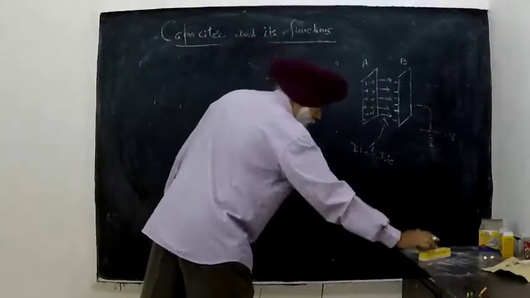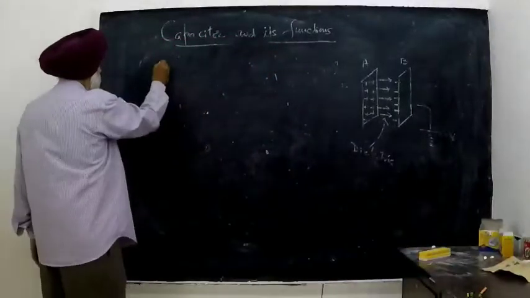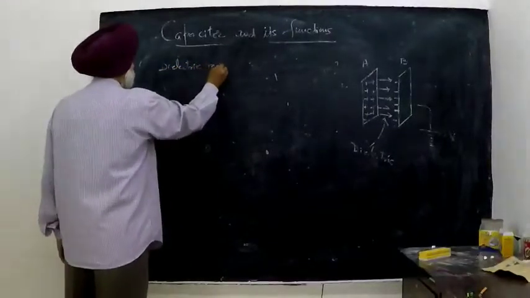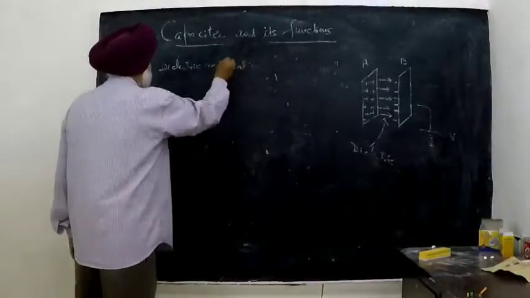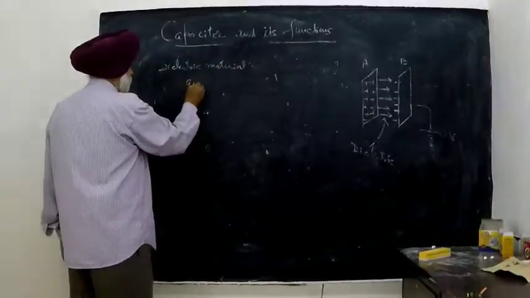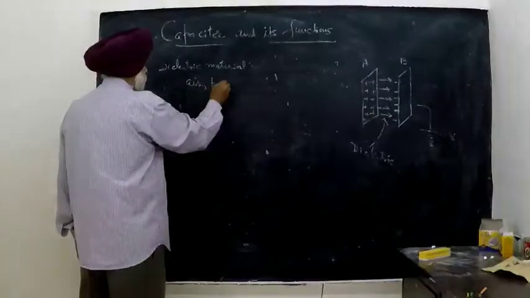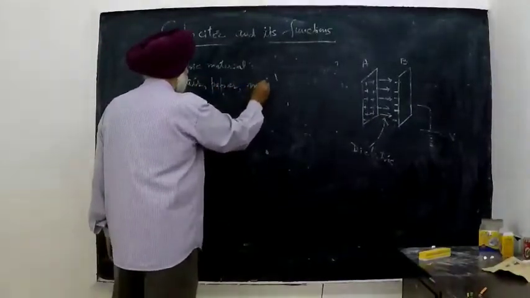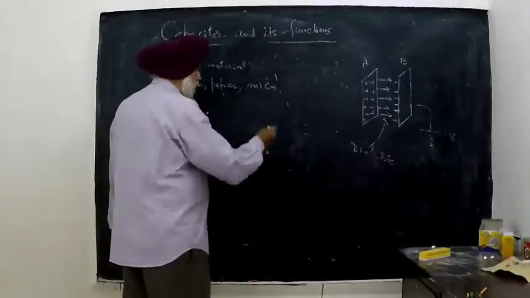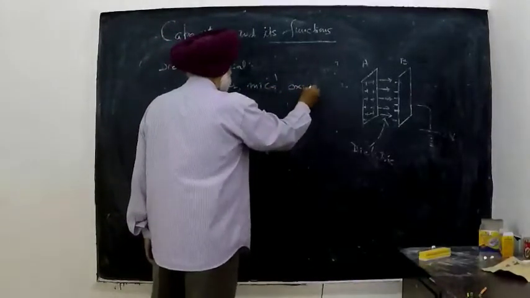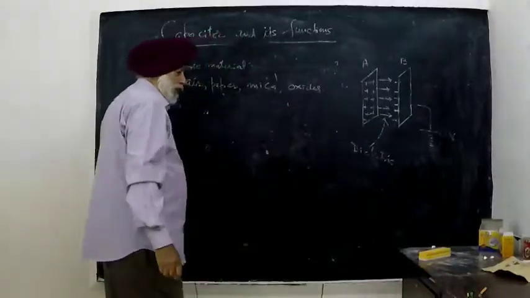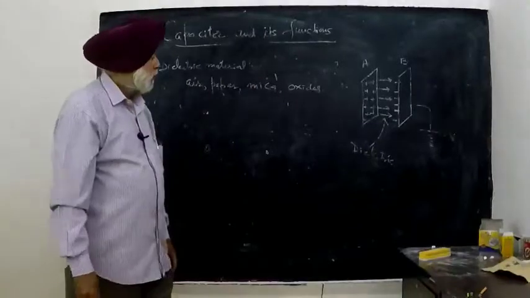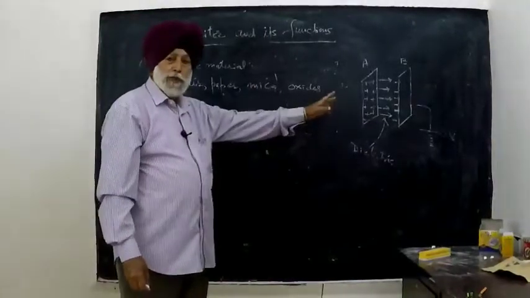It can be dielectric material may be air, paper, then mica, oxides of some metals, and ceramic like this. These materials can be used as a dielectric media between the two plates.